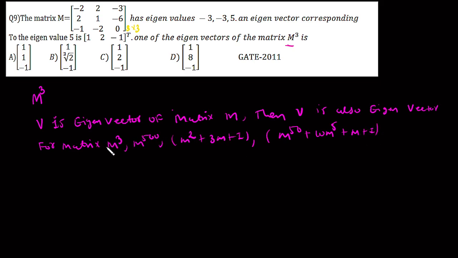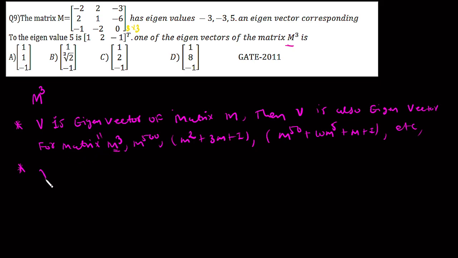If I make some equation with the help of this M, then the eigenvector remains as it is. Whatever the form of the equation, the eigenvector remains as it is. But the key point is that the eigenvalue keeps changing. It depends on this function. So here the eigenvalue will rise with the power 3.